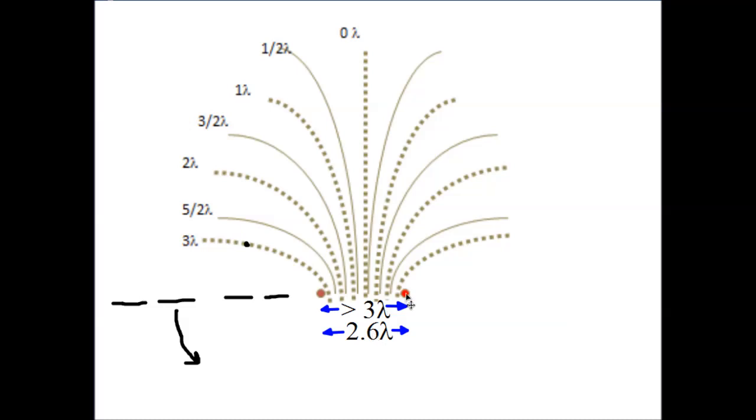So suppose the wavelength that you're dealing with here was 10 meters, and the sources were 26 meters apart. Then they would be 2.6 wavelengths apart. But then you would have an interference pattern that only went to here. It would not go out to this antinode.